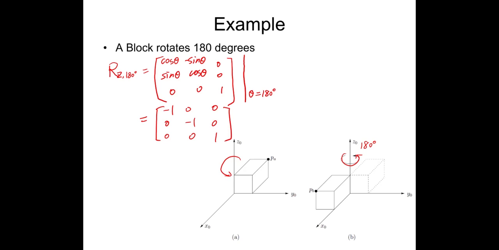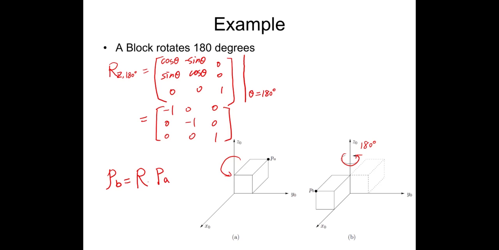So what we're doing is we rotate the vector from PA to PB. If we want to calculate PB, we should know the rotation matrix multiplied by the original location, which is PA.